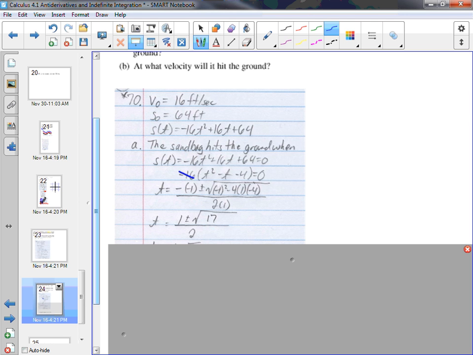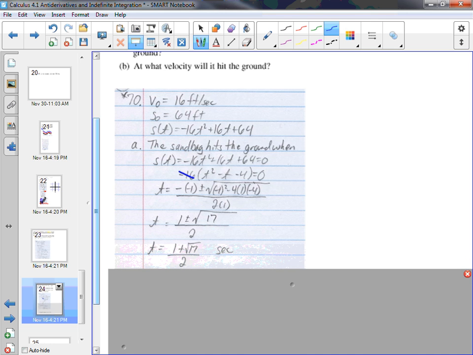When I add those, I get 17. Now, I've got that plus or minus sign. Square root of 17 is a little bit bigger than 4, right? Since square root of 16 is 4, square root of 17 is a little bit bigger than 4. Well, 1 minus something a little bit bigger than 4 is negative. Does negative time make any sense for this problem? No. So get rid of the minus on the plus or minus. And that's the time when it hits the ground.